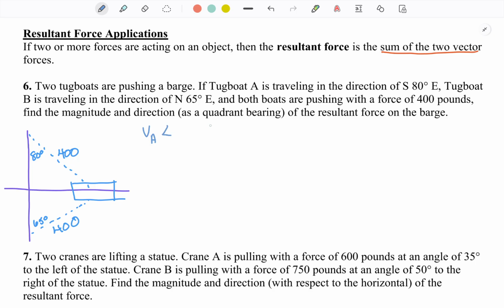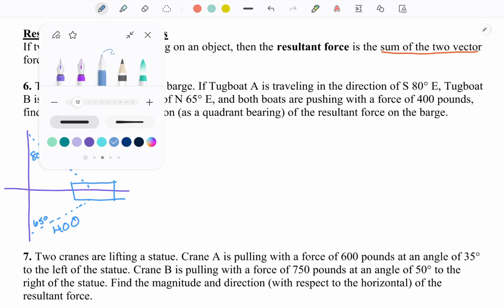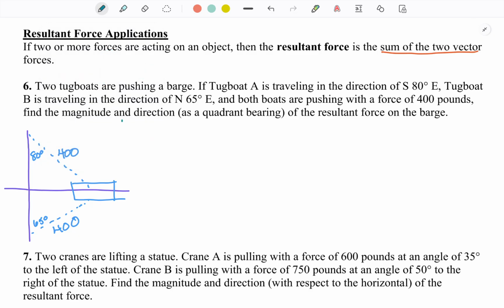That is going to be 400, and then our angle. We had not thought about the angle yet, so we're going to split this off and look at that angle on its own. If we're going southeast at 80 degrees, then we're going all the way around.